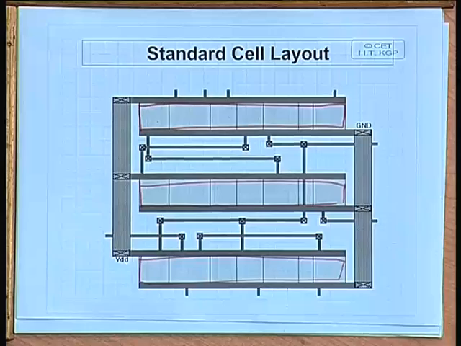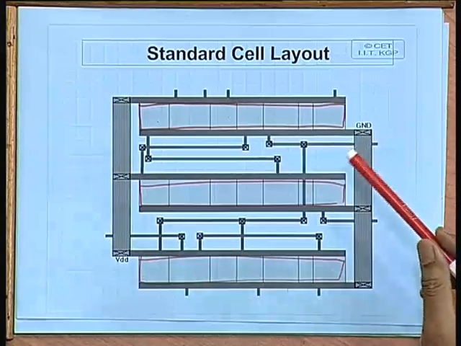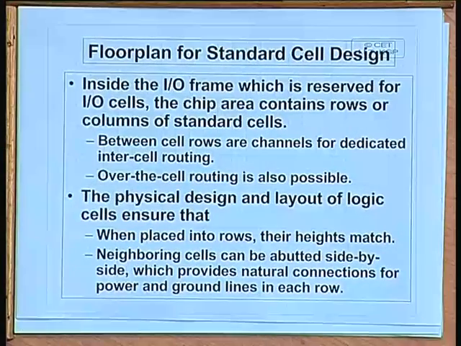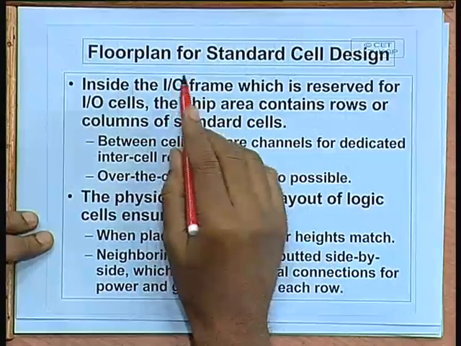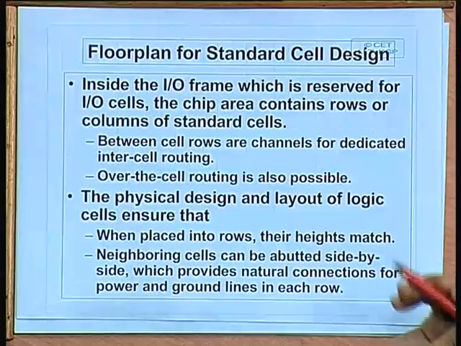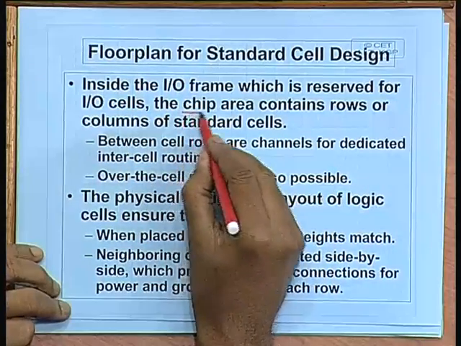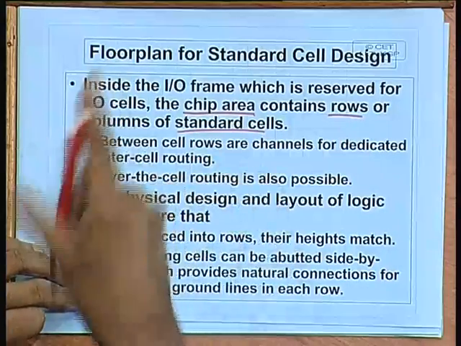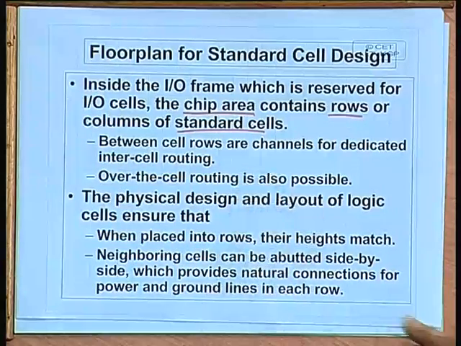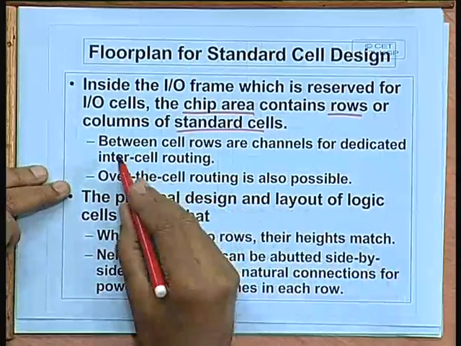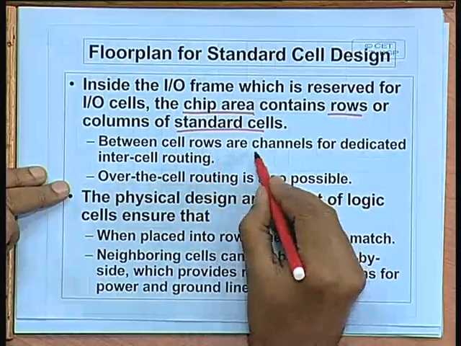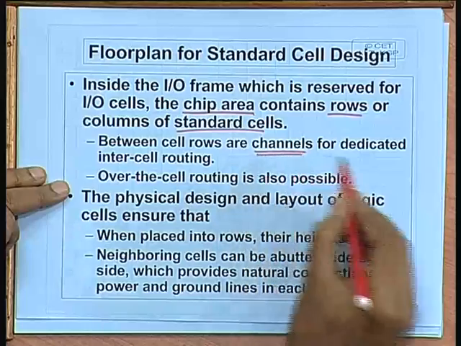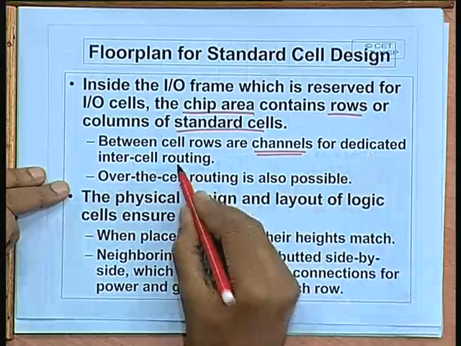So, as I said, with respect to the floor plan for a standard cell design, the total chip area will contain rows of standard cells or columns, whatever way you look at it. If you rotate it, it becomes columns. Now, between the cell rows you have the so called channels, as I have shown, which are dedicated for routing.